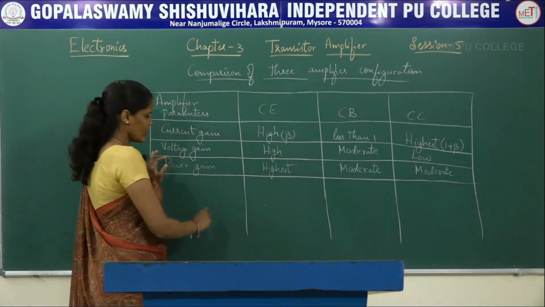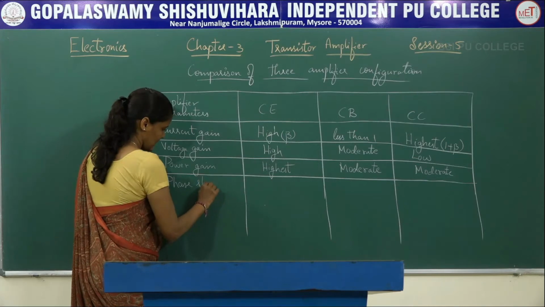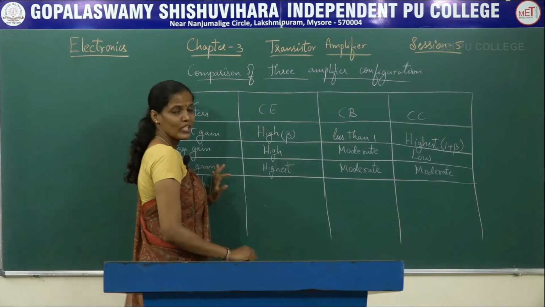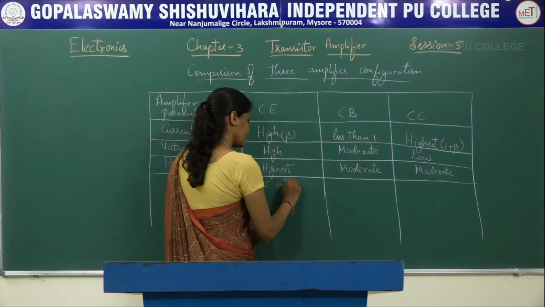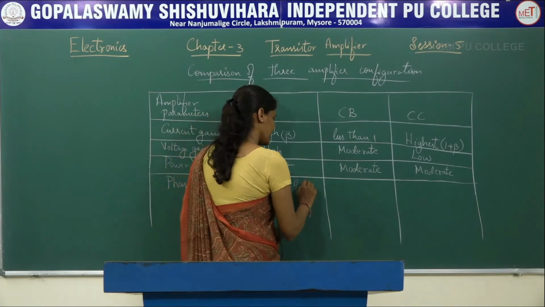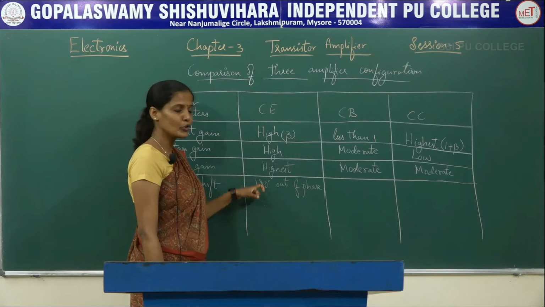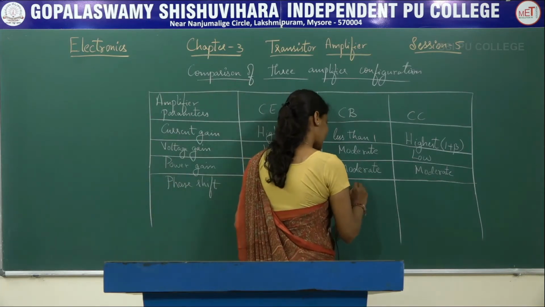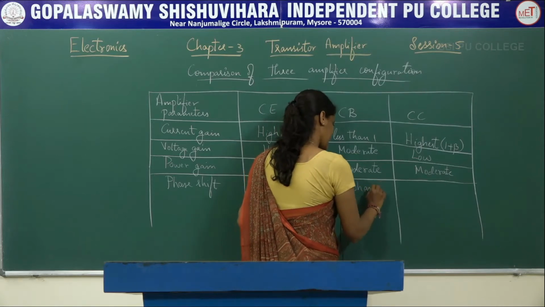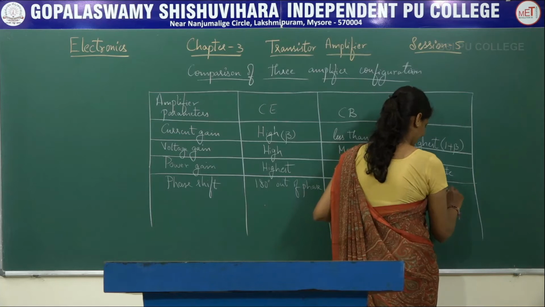After that we are going to see the phase shift. In the common emitter there is 180 degree phase shift, that is the output signal is 180 degree out of phase with the input signal, whereas in the common base it is in phase, and in common collector also it is in phase.